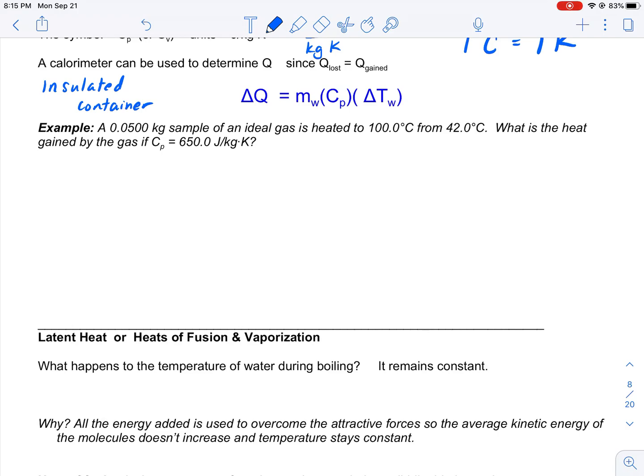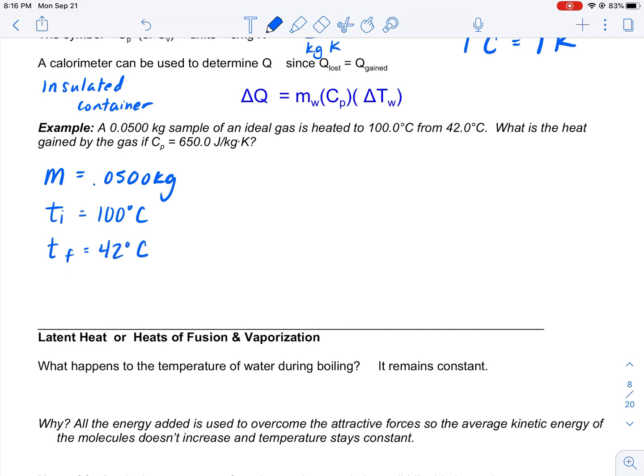Here's an example. 0.05 kilograms of a sample of an ideal gas is heated to 100 degrees Celsius from 42 degrees Celsius. What is the heat gained by the gas if the specific heat is 650 joules per kilogram Kelvin? Okay, so what I'm going to do is identify my variables. First of all, I know that the mass is 0.0500 kilograms. Next, I know the initial temperature is 100 degrees Celsius.